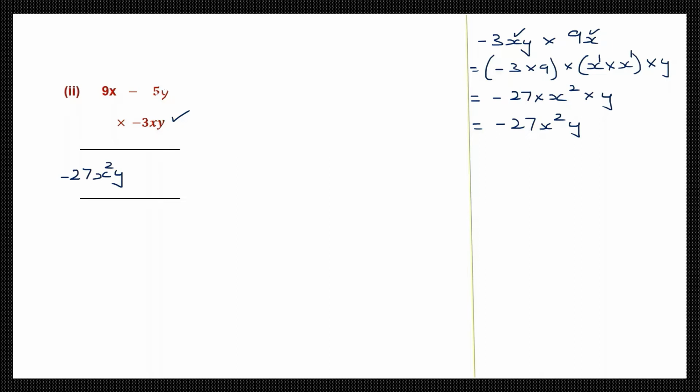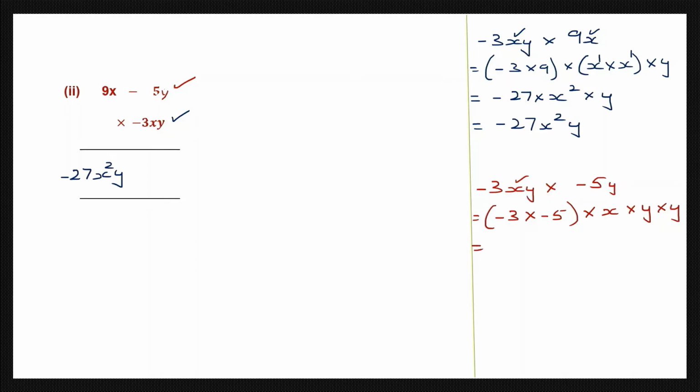Now we're going to multiply with minus 5y. Let's do that. Minus 3xy into minus 5y. Let's take only the numbers, minus 3 into minus 5. Then we'll take x. There's only one x. Then we'll take the y's. There are two y's, y into 1.